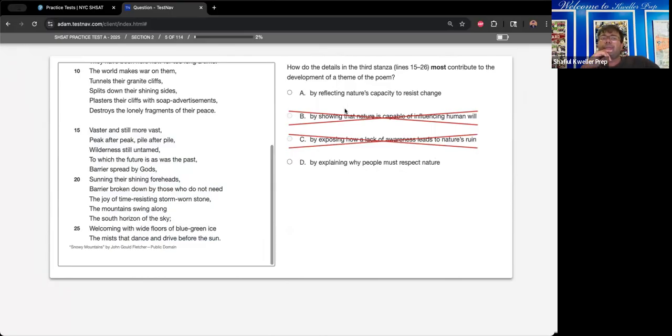It doesn't really tell us why people should respect nature. We don't see anything here that directly addresses people. All we see is nature withstanding change and continuing to expand. We see vaster and vaster, and still more vast, peak after peak, pile after pile. So the answer should just be A.